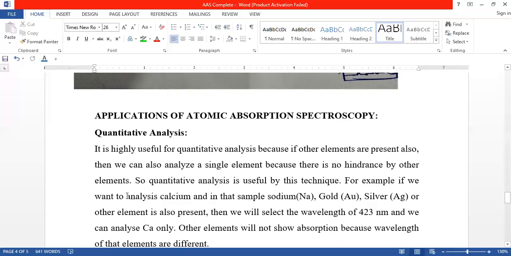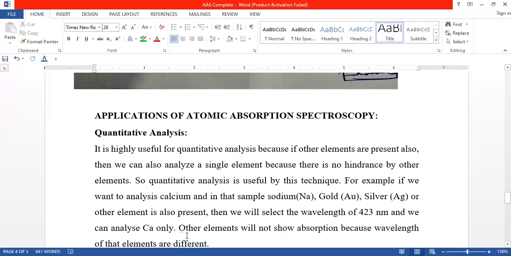For example, if we want to analyze calcium in any sample, and in that sample sodium is also present, gold Au is also present, silver Ag, and other elements are also present, then we will select the wavelength of 423 nanometer, and we can analyze calcium only.